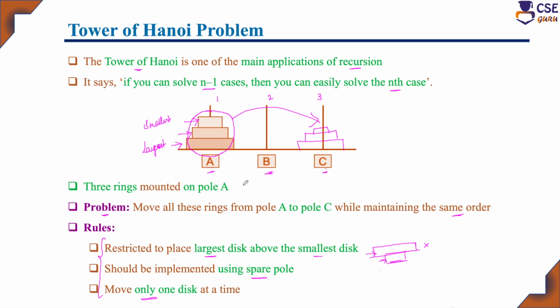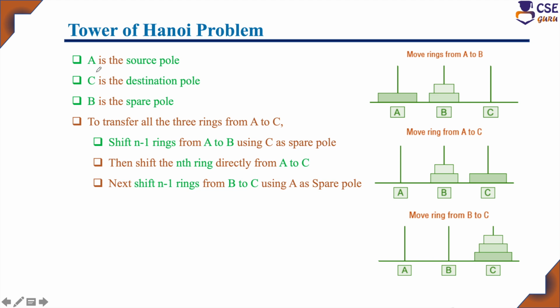This problem we can solve using the concept of recursion. Tower of Hanoi problem is the best example for recursion. Here A is the source pole, C is the destination pole, and B is the spare pole.